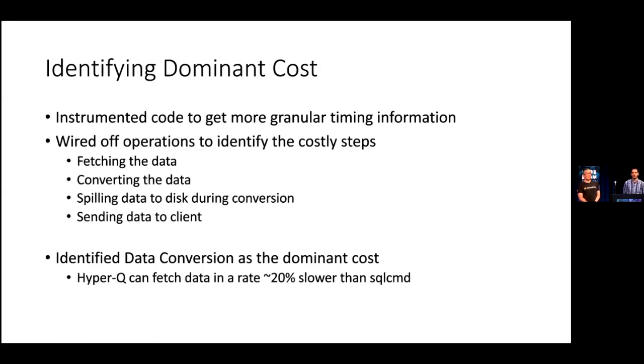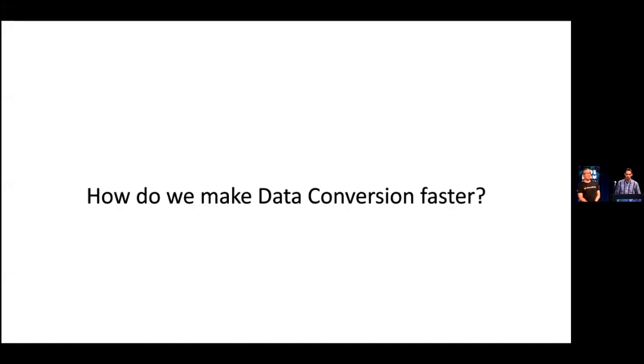It was only 20% slower than using a SQLite command, which is a well-known utility to execute tasks on a database. So the question we asked ourselves is: how do we make the data conversion step faster?